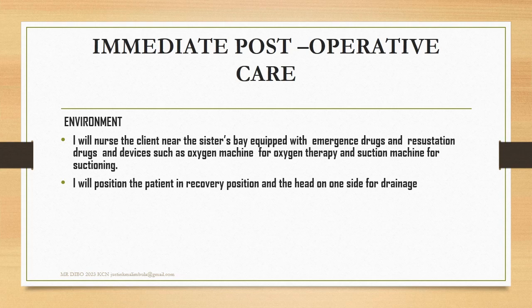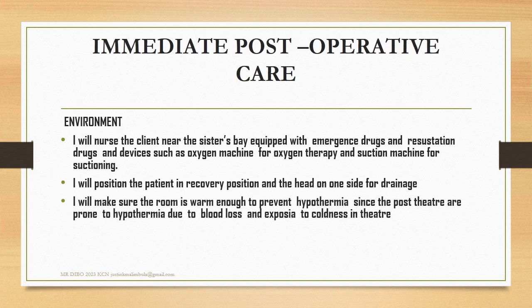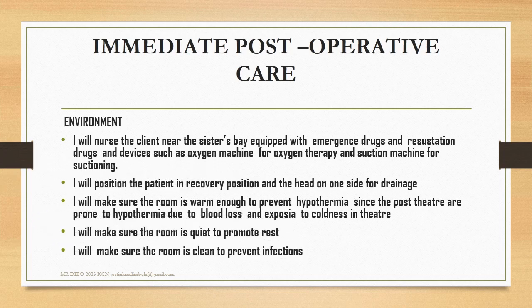You are also going to position the patient in the recovery position with the head on one side to promote drainage from the mouth. Make sure that the room is warm enough to prevent hypothermia, since the patient is prone to hypothermia due to blood loss and exposure to coldness in theatre.